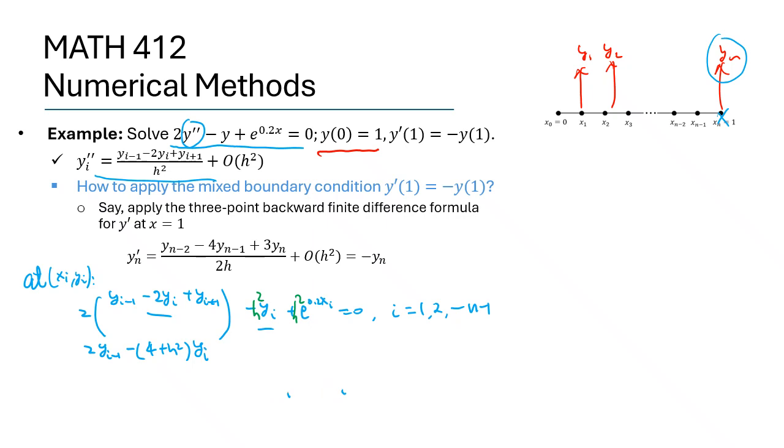And now y sub i plus 1, it's just 4 y sub i plus 1. And then move this to the other side, it's negative h squared e to the negative 2x sub i. Okay, i changes from 1 until n minus 1.